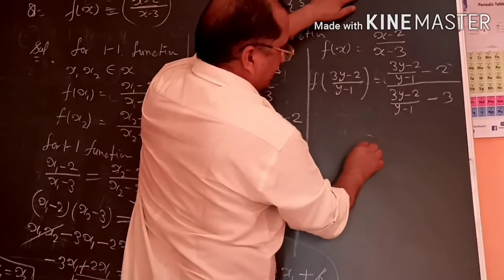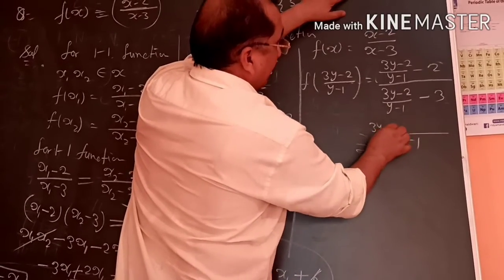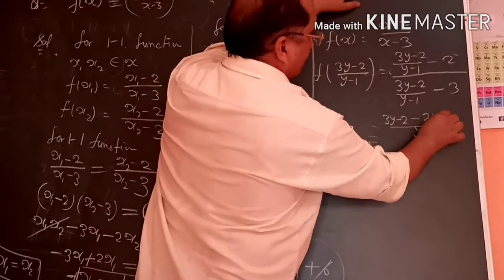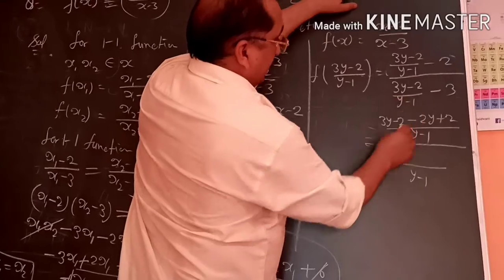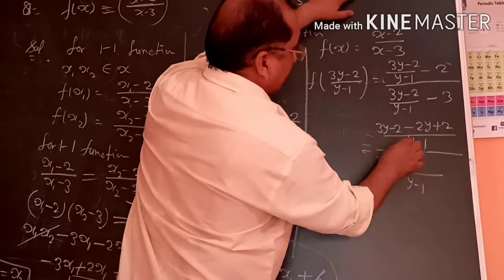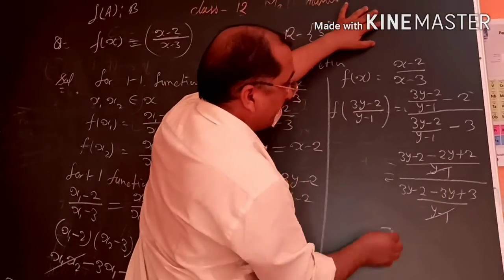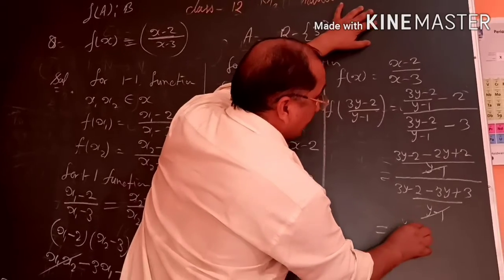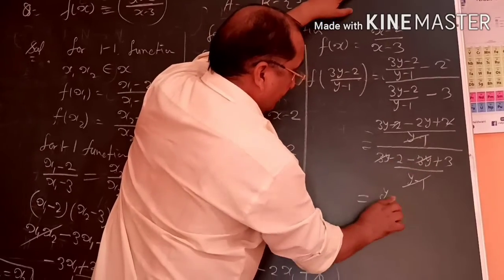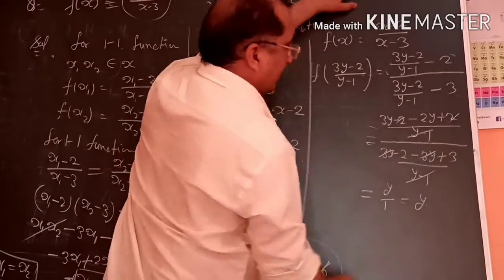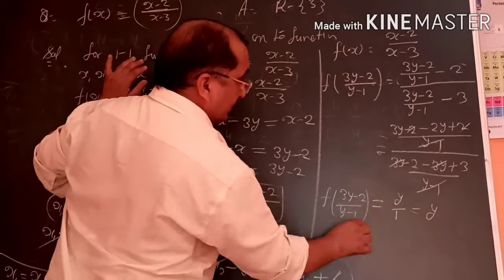We have to solve this. With y minus 1 as LCM, 3y minus 2 minus 2y plus 2 divided by y minus 1, and 3y minus 2 minus 3y plus 3. The y minus 1 cancels. Minus 2 and plus 2 cancel, and 3y cancels, only y is coming, 1 is coming. So f of 3y minus 2 upon y minus 1 is y.